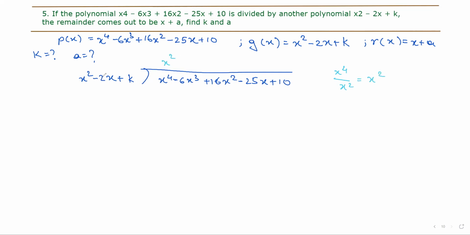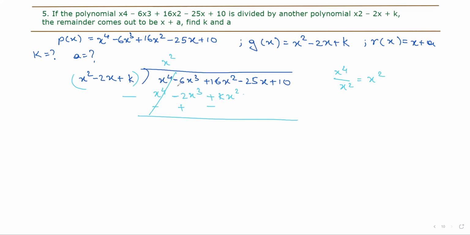Multiplying it with the whole g of x: x squared into x squared is x to the power 4, x squared into minus 2x is minus 2x cubed, x squared into k is plus kx squared. It's okay to solve it in terms of a given variable or unknown variable amidst the expression.